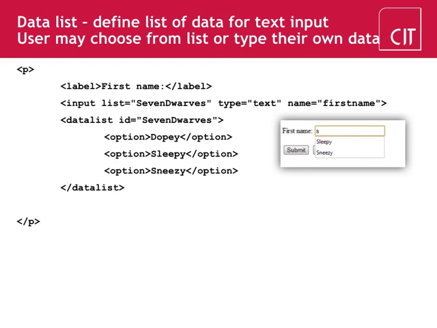Okay, so now back to some of the regular, mundane, unexciting stuff. You can have a data list, and this allows you to have a bunch of different options. And you get an autocomplete there. So you could do this, say, for counties in Ireland.